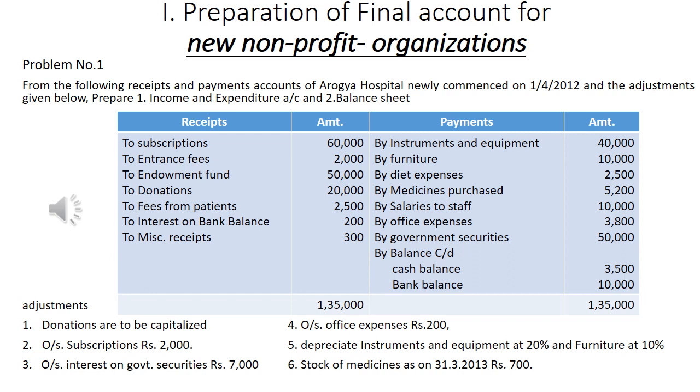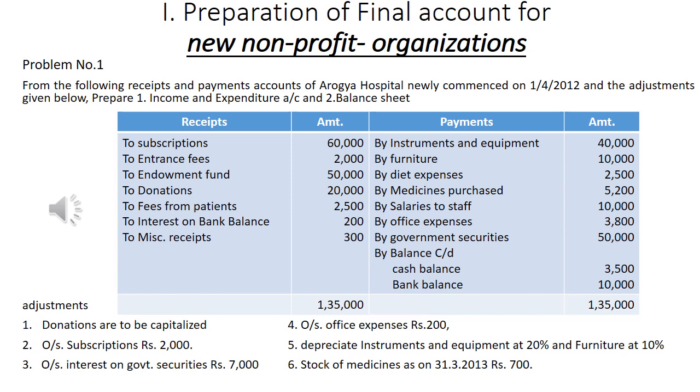Then second one is outstanding subscription rupees 2000. Two entries we have to pass. One, outstanding subscription must be added to the credit side of the income and expenditure account, and the same has to be shown on the asset side of the balance sheet, because it is an income still to be received, that will become our asset.